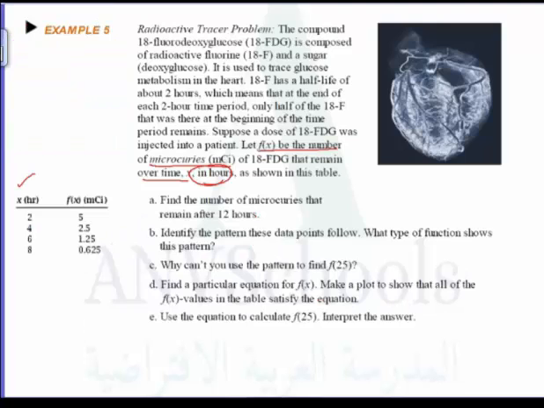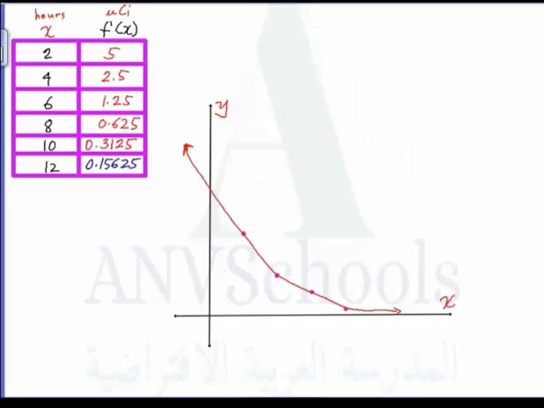Use the equation to calculate f of 25. Interpret the answer. So letter E, f of 25 is equal to, and of course we are going to use the equation. Our equation is f of x is equal to 10 times 0.707107, let's just limit it to 6 decimal places, raised to x.